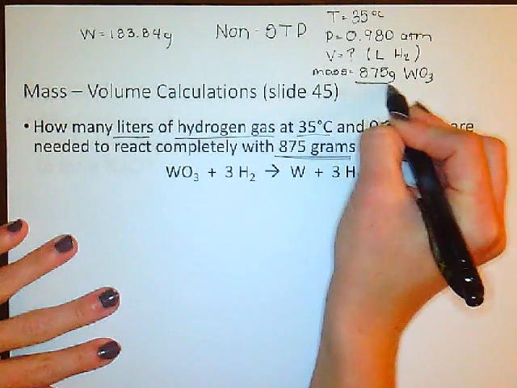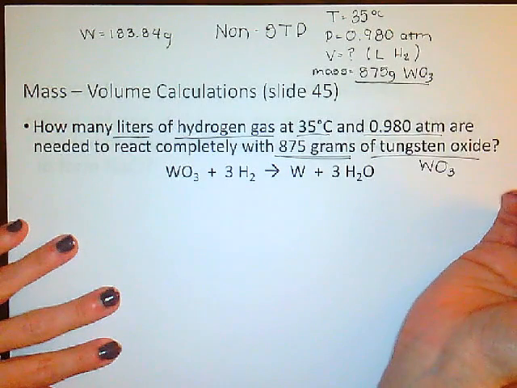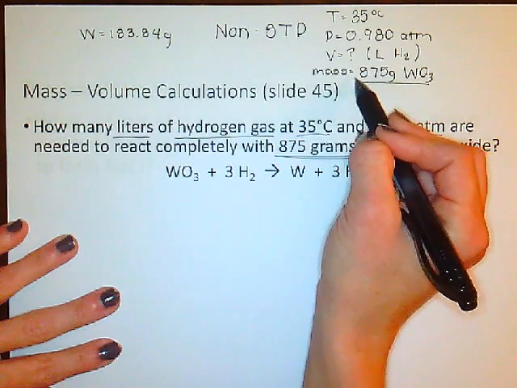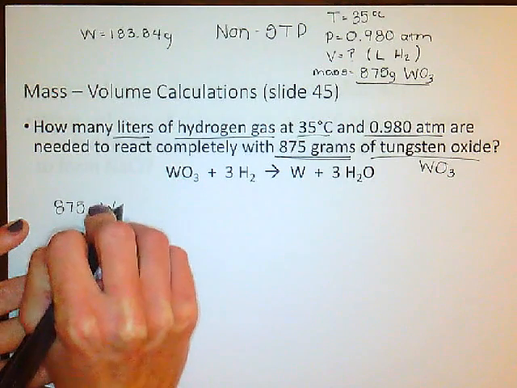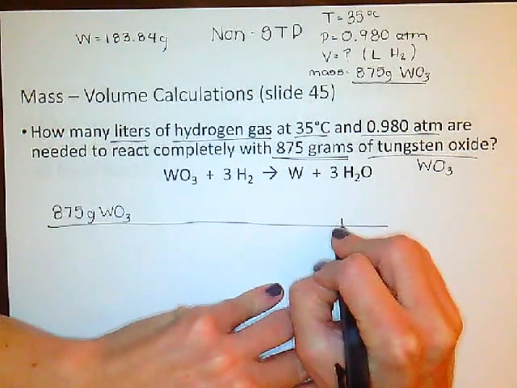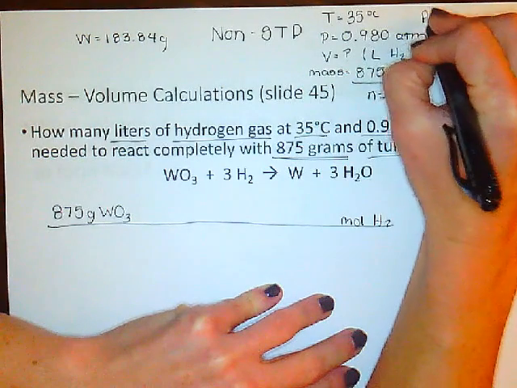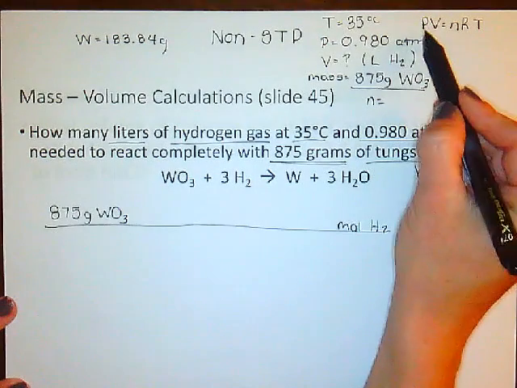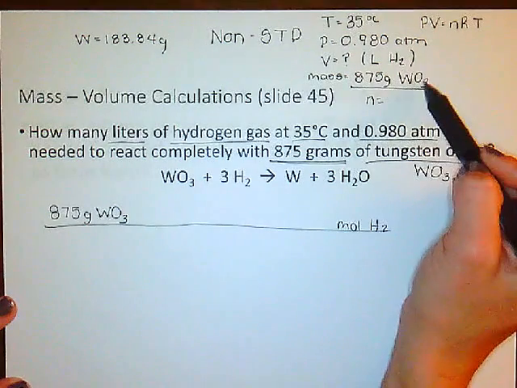Before we can do that, we've got to turn 875 grams of tungsten oxide into moles, and ultimately what we want here are moles of hydrogen, because we have to have a value for n in PV equals nRT. If we're trying to solve for volume, then we need a value for pressure, moles, and temperature, and the only value we don't have right now is that n value.